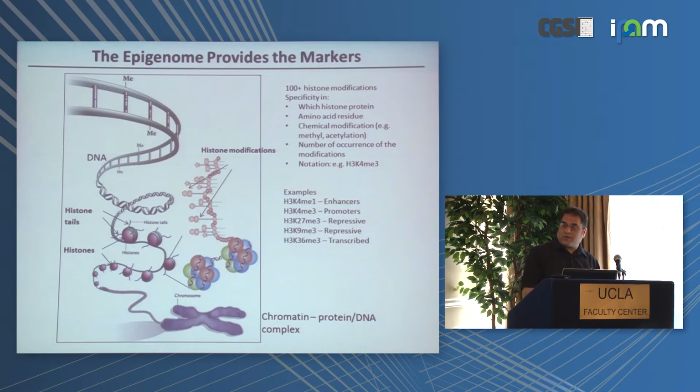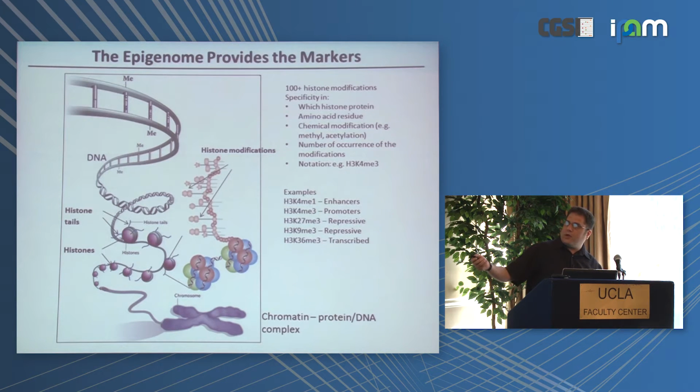So the histone modifications are modifications to the amino acid residues of the histone proteins. The DNA is wrapped around nucleosomes, which are comprised of an octamer of histones. And they can be subject to chemical modifications, which can vary in a number of different ways in which type of histone modification you can have.